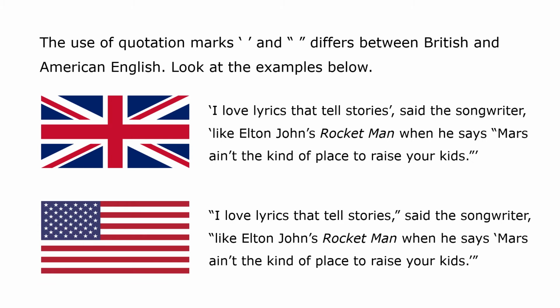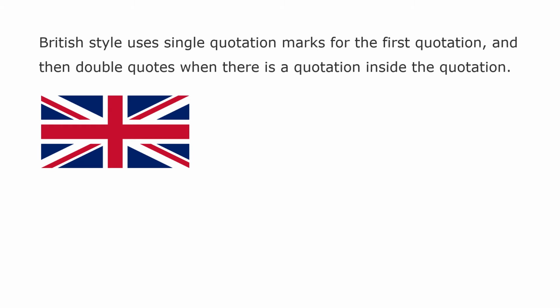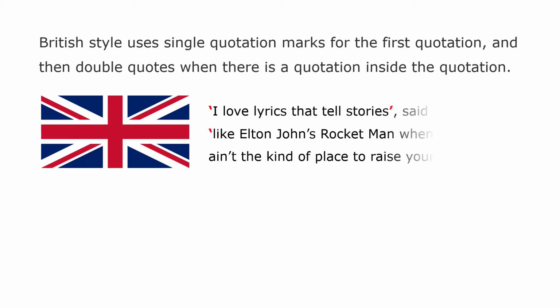Now the American version reads exactly the same, but British style uses single quotation marks for the first quotation and then double quotes when there is a quotation inside the quotation. Wow, that sounds complicated, doesn't it? Have a closer look at the example. Here you can see the quotation marks in red.